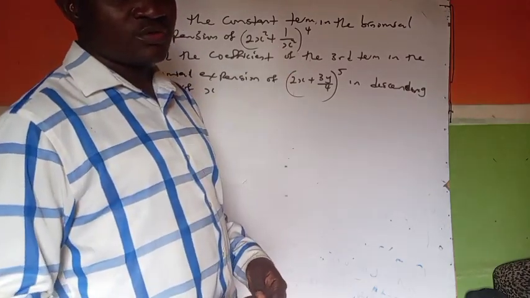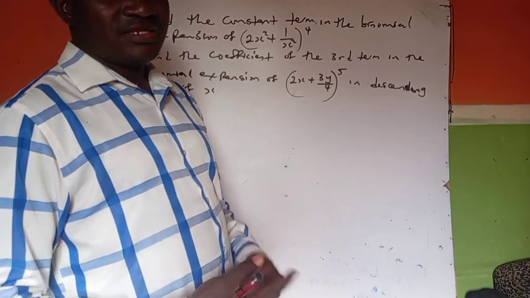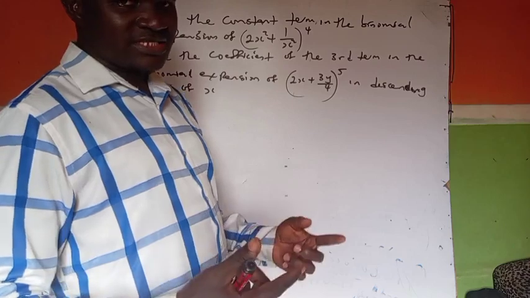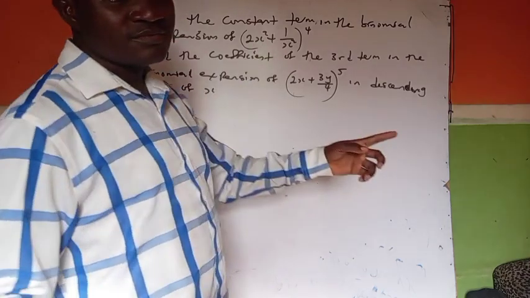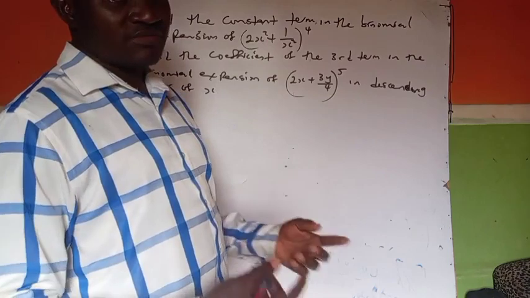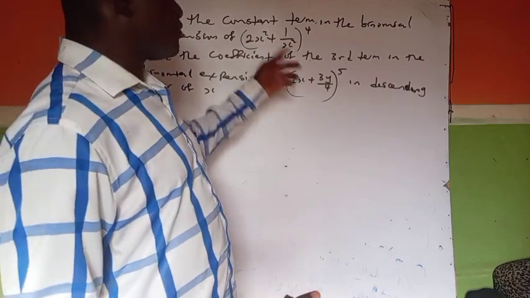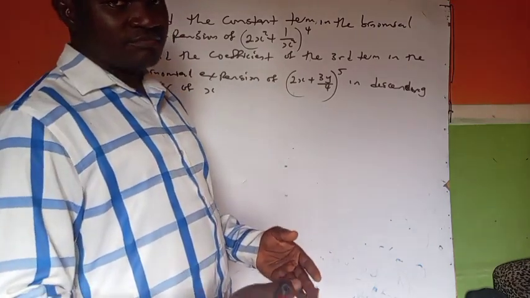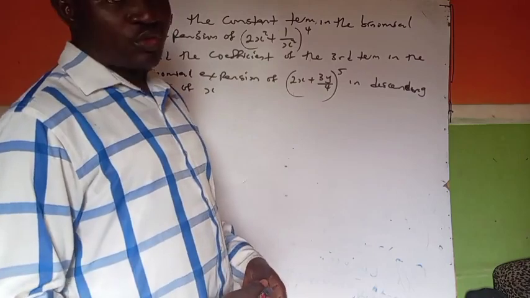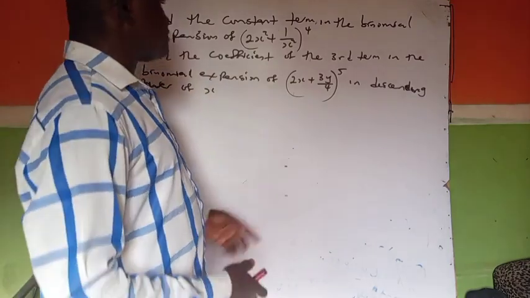So what do you mean by constant term? It is the term that you can get from here that has no x. So the constant is a term without x. I believe you know the terms of a binomial.